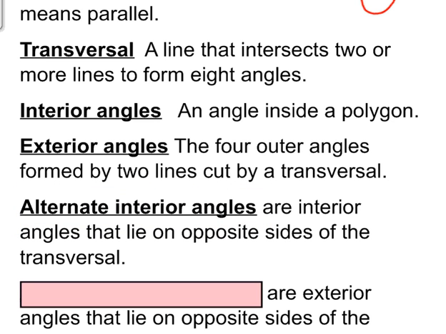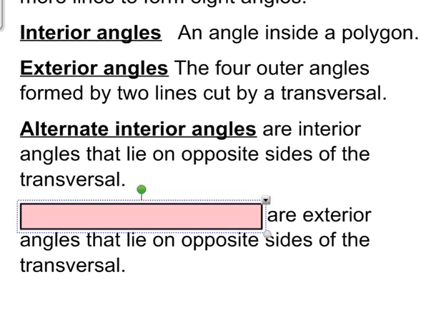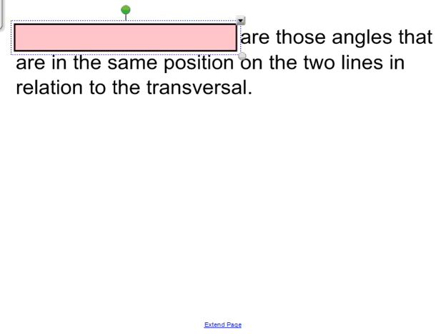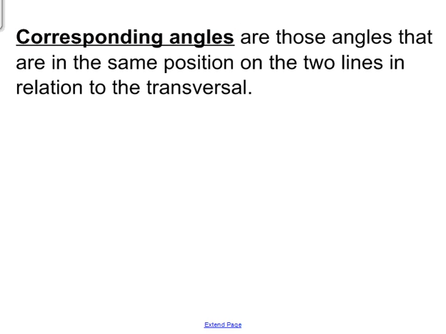Alternate interior angles are interior angles that lie on opposite sides of the transversal. A couple more here. Alternate exterior angles are exterior angles that lie on opposite sides of the transversal. And one last term. Corresponding angles are those angles that are in the same position on two lines in relationship to the transversal.